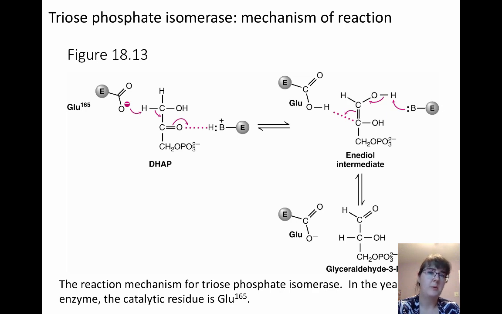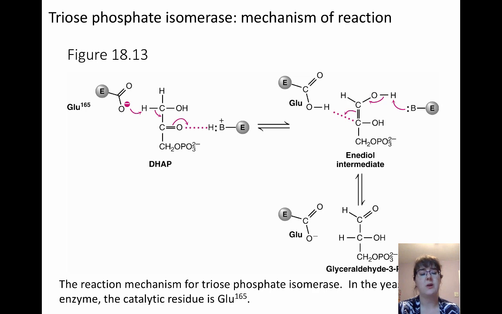Before, we were going from glucose 6-phosphate to fructose 6-phosphate, going from an aldehyde to a ketone. Here, as we start with dihydroxyacetone phosphate and move to glyceraldehyde 3-phosphate, we're starting with a ketone and moving to an aldehyde. But you see very similar chemistry as we go about this.